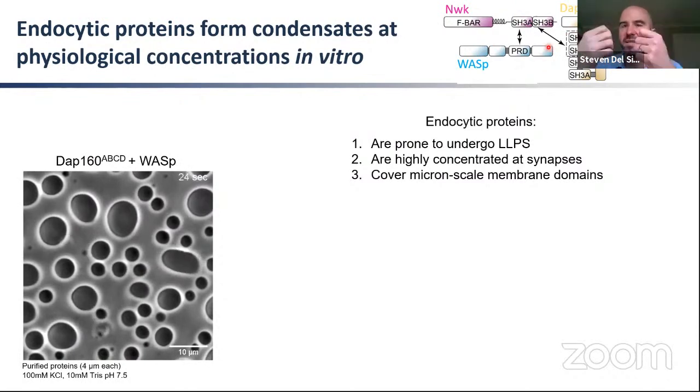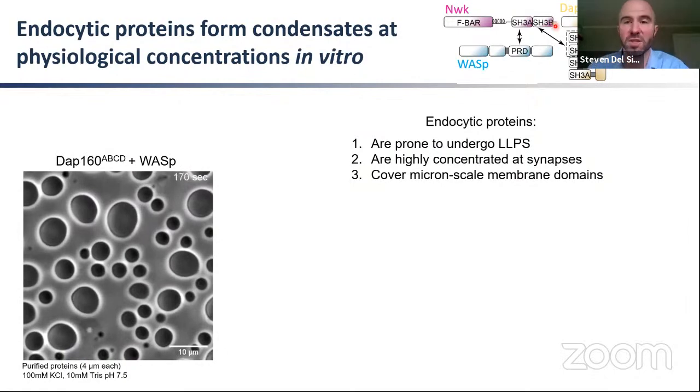They're very weak and transient, and they have a lot of interconnectivity, which are essential features of protein interactions to drive this sort of physical effect. We know that endocytic proteins are highly concentrated at synapses, and the formation of these liquid-liquid phase-separated condensates is a concentration-dependent phenomenon. So the higher the concentration, the more likely these are to form. And then finally, these can form these large micron-scale domains.